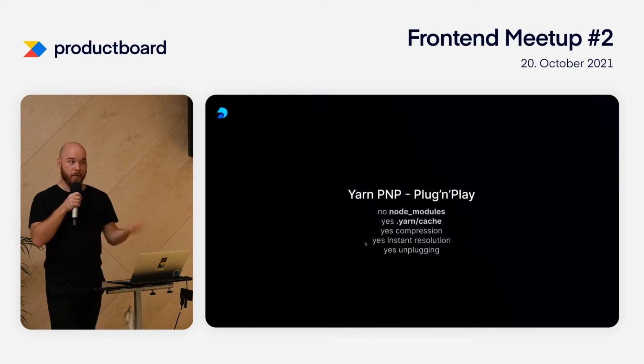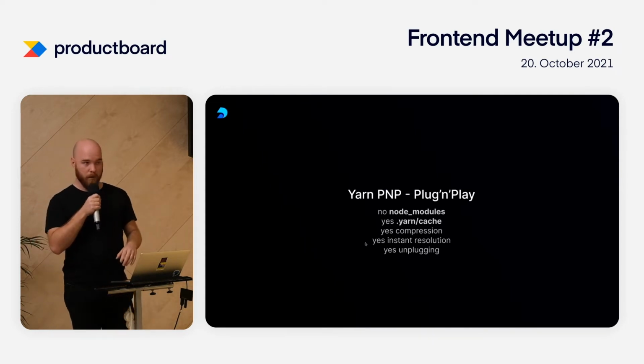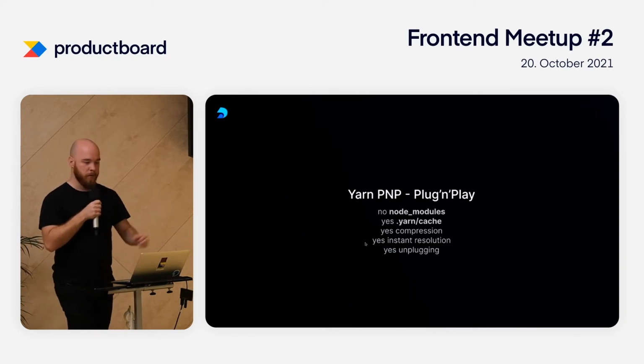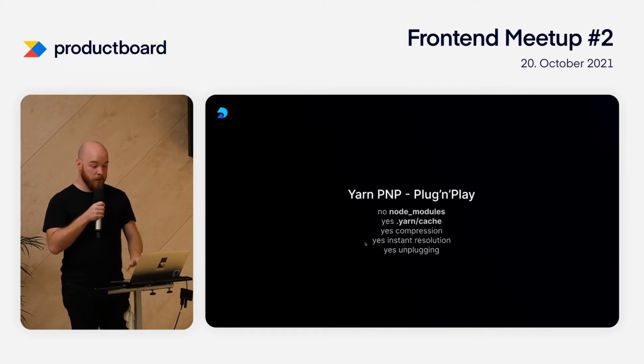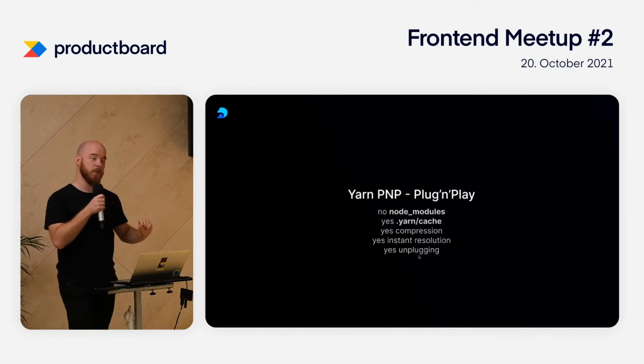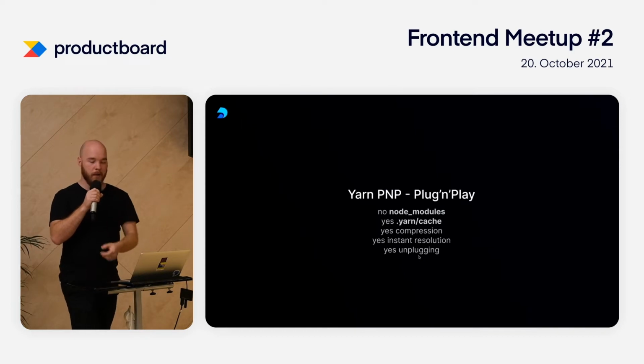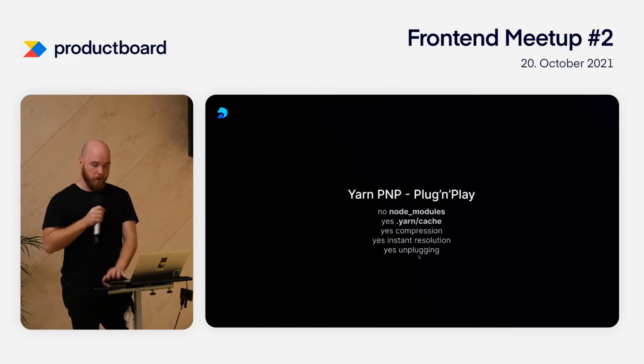But when you have everything in memory, it's like 500 times faster. It's compressed and already in memory, and that's it. But of course, you can unplug these if you want to develop your own library, if you have Lerna or workspaces, and if you have an extra module in your monorepo that you have to build, you can unplug it and develop it as well. So don't worry about that.